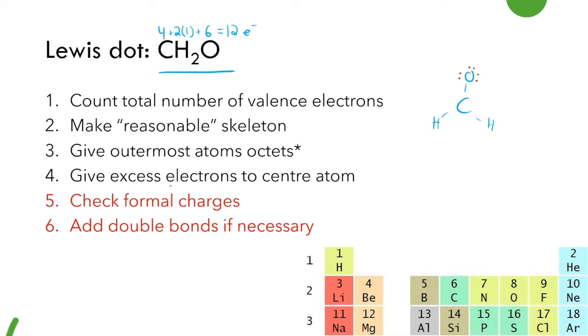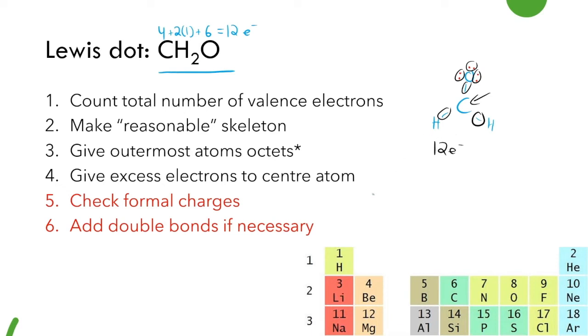So, all right, we're giving excess electrons to the center atom. Do we have any excess electrons? Let's see, 2, 4, 6, 8, 10, 12. So we already have all 12 of our electrons accounted for. Then we're told we need to check formal charges. Whenever you're checking formal charges, checking the center atom is always a good place to start.